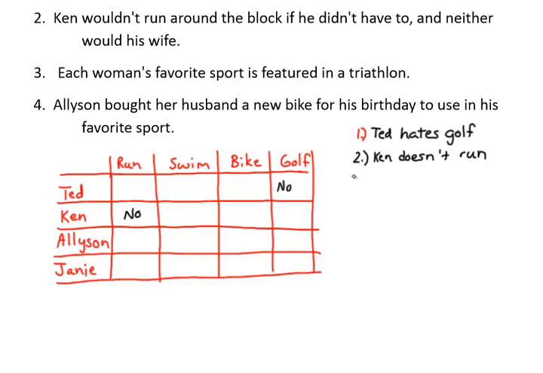Now, he said his wife doesn't like to run either. And so what that means is that one of the women doesn't like to run. So another woman could. So we're going to come back to that. I'm just going to actually underline that for now instead of even writing it down.